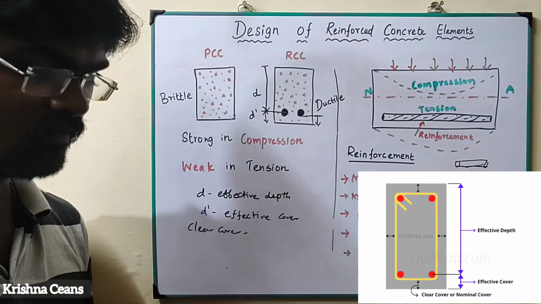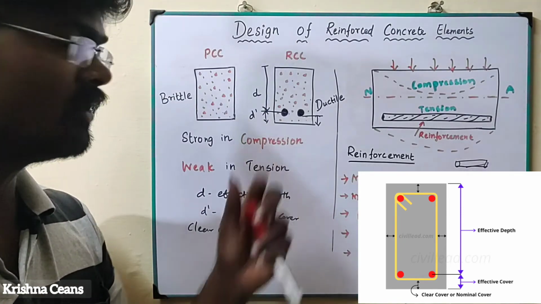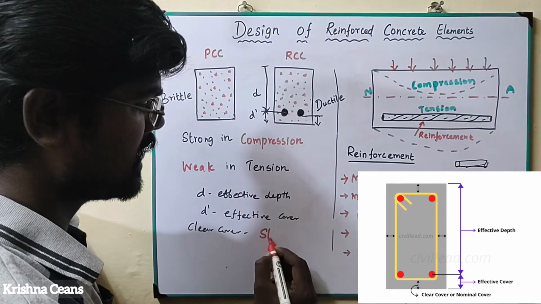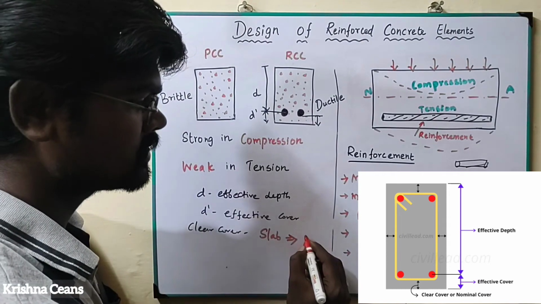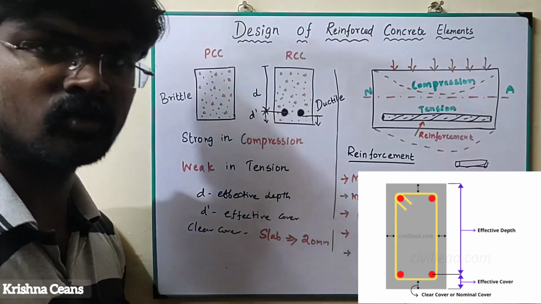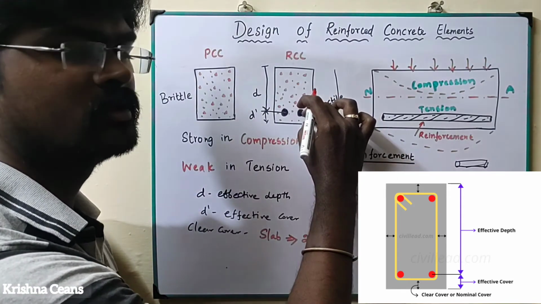So what value we have to provide as clear cover for the different elements? For the slab, we have to provide a minimum of 20 mm clear cover. That is this distance, this is the clear cover.